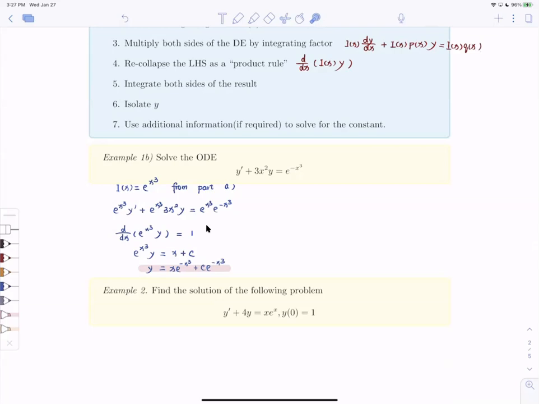Are we allowed to leave it in quotient form? What do you mean quotient form? Give me an example. Like instead of simplifying it to e to the negative x cubed.